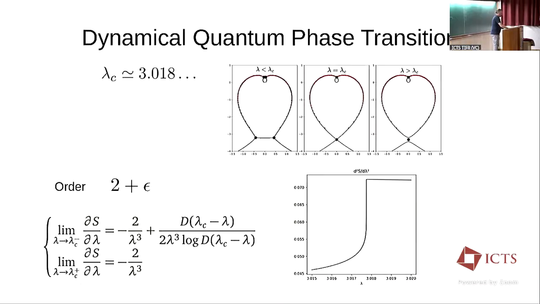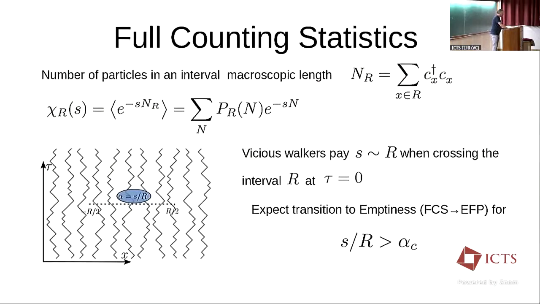Another transition of this type: remember when I was talking about producing emptiness by penalizing the trajectories. If I don't penalize the trajectories going through this interval by an infinite amount, but I penalize them a little bit, I can still have some trajectories going through the interval, and the corresponding quantity, depending on the parameter S, is known as the full counting statistics.